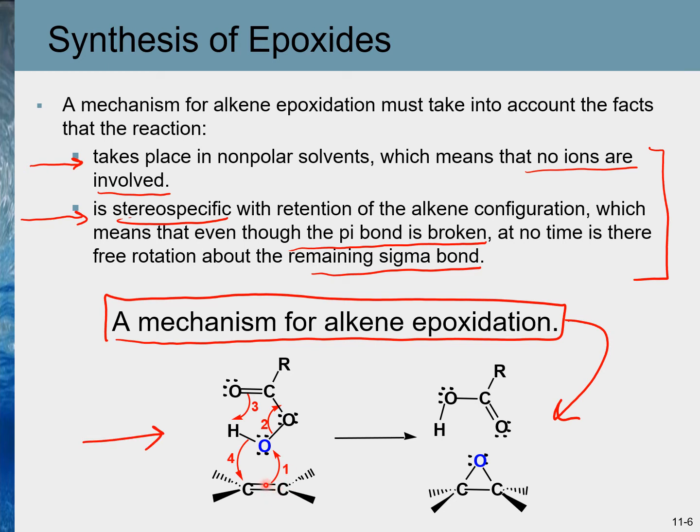According to this mechanism, the pi bond of alkene attacks the oxygen atom and creates a sigma bond with the oxygen atom of peroxycarboxylic acid group, and at the same time the sigma bond between the two oxygen atoms shift and create a pi bond between carbon and oxygen, and the pi bond between carbon and oxygen creates a sigma bond with hydrogen, and the bond between hydrogen and oxygen creates another sigma bond with the neighboring carbon, and thus completing the cyclic three-membered ring, which is the epoxide.